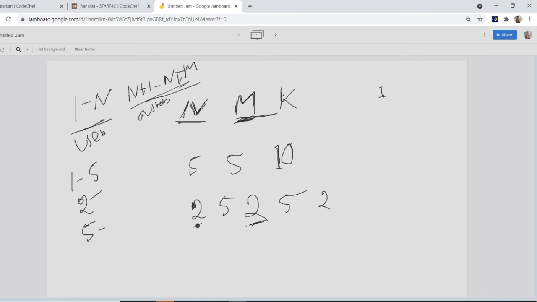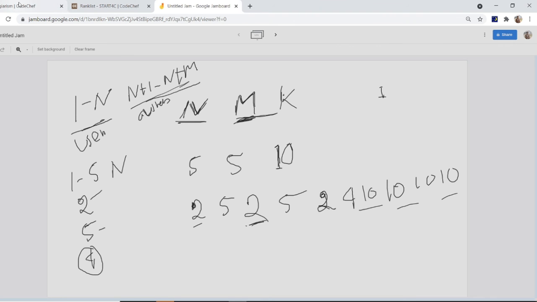The second person already attempted the quiz 2 times, so we don't count this again because we already found it. Then we have 4, so 4 is also a user, but 4 attempted 1 time. Then we have 10, 10, 10, 10, but we don't count 10 here because 10 is greater than n and 10 is an author. We don't need to find the author because the author has the authority to attempt the quiz multiple times. I hope you guys get the point.